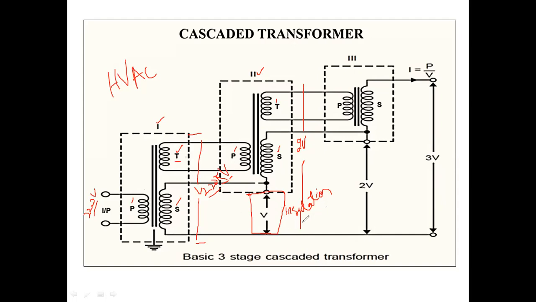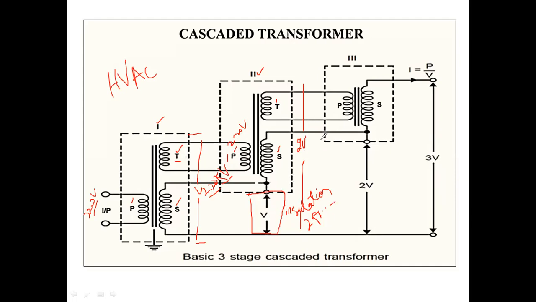Now if, for example, this is again 220 volts, how much voltage will be maintained over here? 220 kV minus 220 volts, so it will be like 219 point something. So we will maintain this voltage over here.